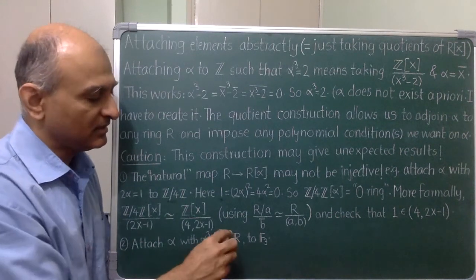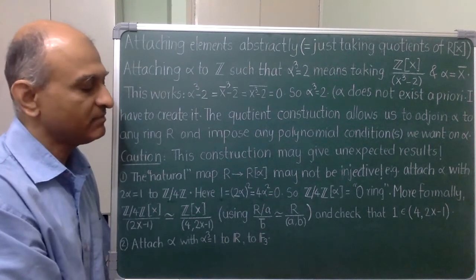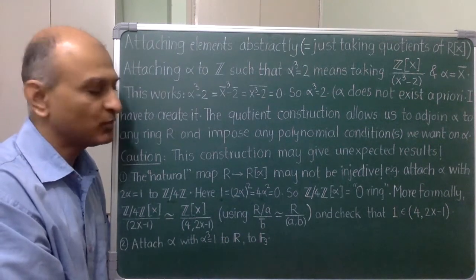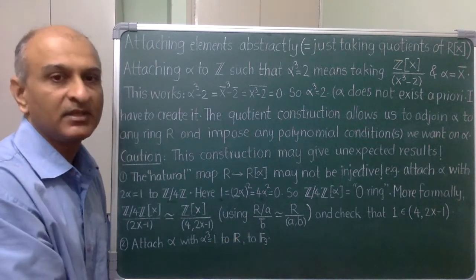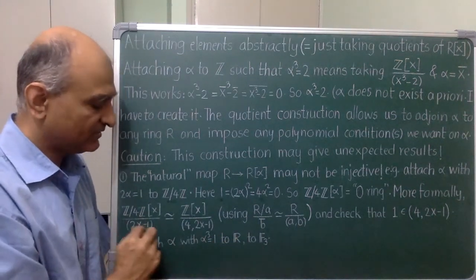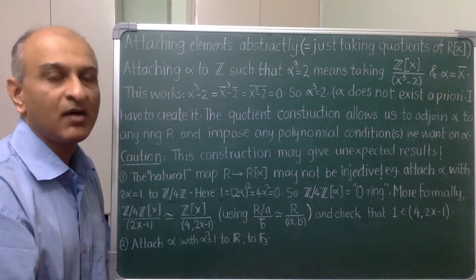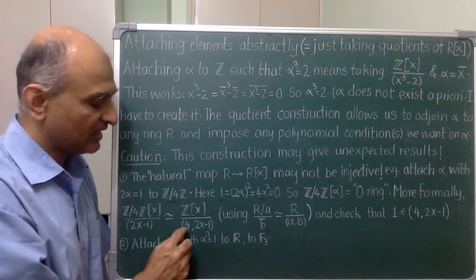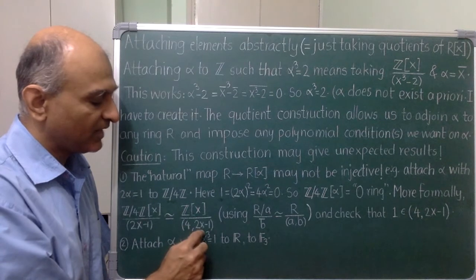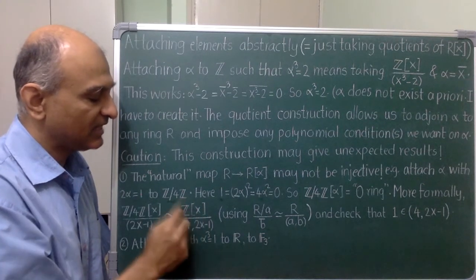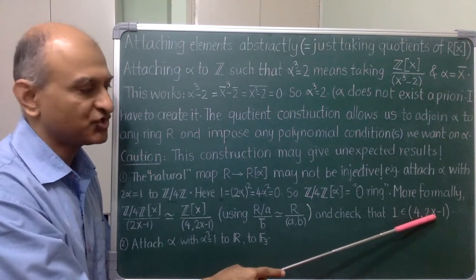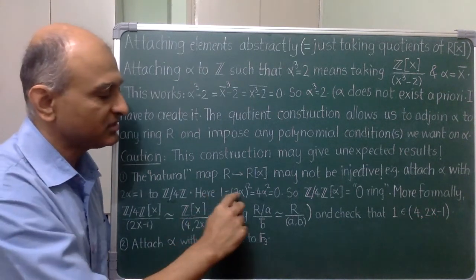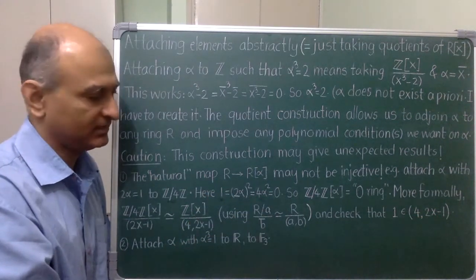For that, this method from last time may come in handy. You can impose two relations one at a time or both at once. Using this trick, you get this isomorphism, and now all I have to check is that the ideal generated by 4 and 2x minus 1 is the entire ring because it contains 1. For this last check, the first calculation can be a useful guideline.